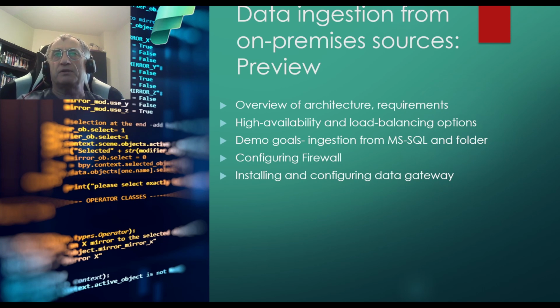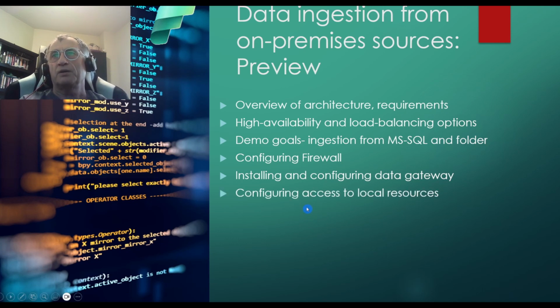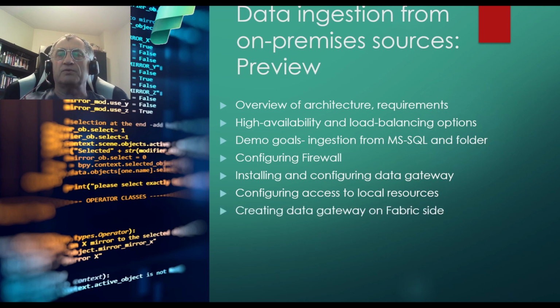And then we will learn how to install and configure data gateway. Next, we are going to configure access to local resources. Then we'll configure data gateway on Microsoft Fabric side.